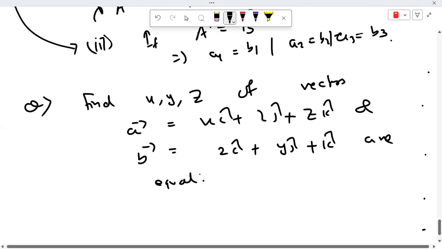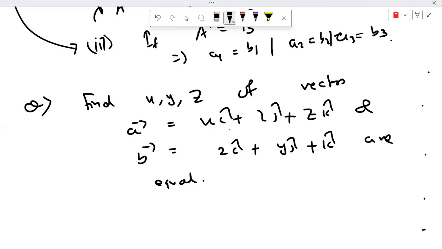Find x, y, z. A vector and B vector are equal. A vector is x i cap plus 2 j cap plus z k cap. B vector is 2 i cap plus 5 j cap plus k cap.